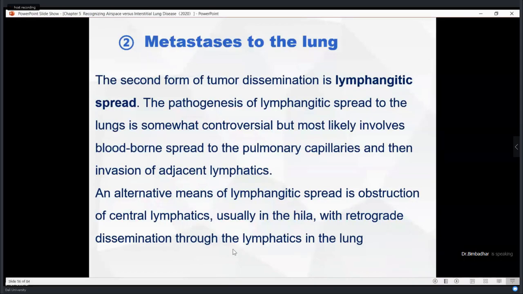I will show you what exactly this retrograde dissemination is. With lymphatic spread there is an obstruction to the central lymphatics, which means the lymphatic chain is involved.